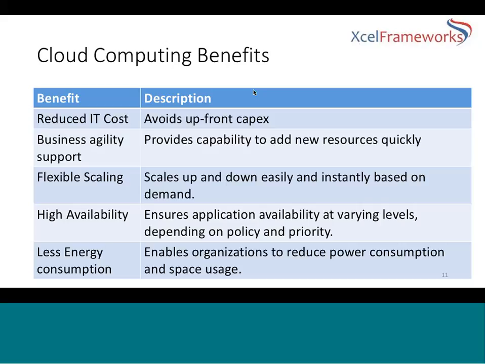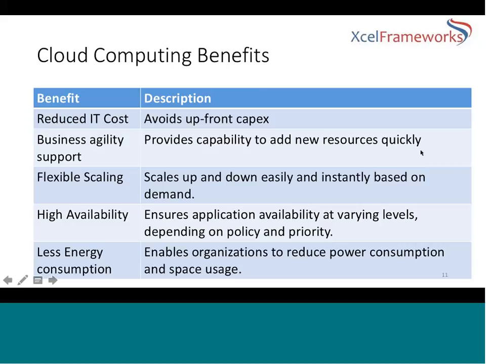High availability. All your data or all your processing will be taken care of by your cloud provider now, right? So it ensures application availability at varying levels depending on the policy and the priority of the service availability that you set.